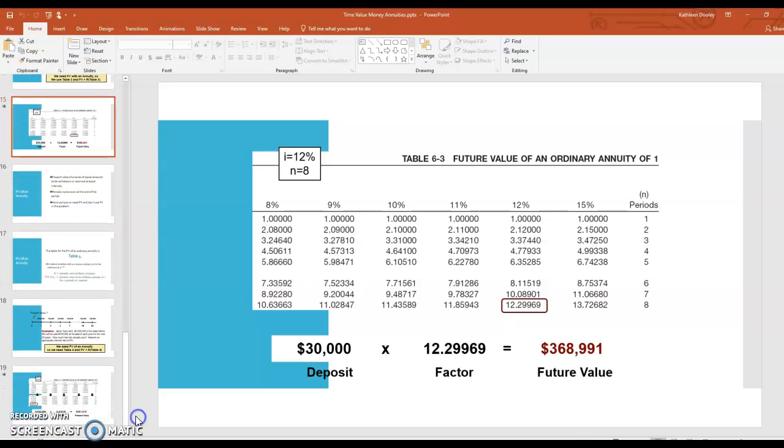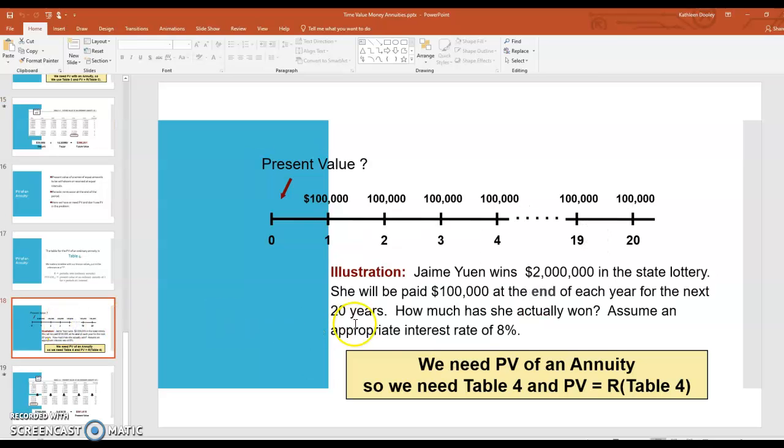Now let's take a look at a couple of problems when we want the present value of an annuity. So here is where Jamie Ewan wins $2 million in the state lottery. She'll be paid $100,000 at the end of each year for the next 20 years. How much has she actually won? So she's getting $100,000 a year for 20 years.